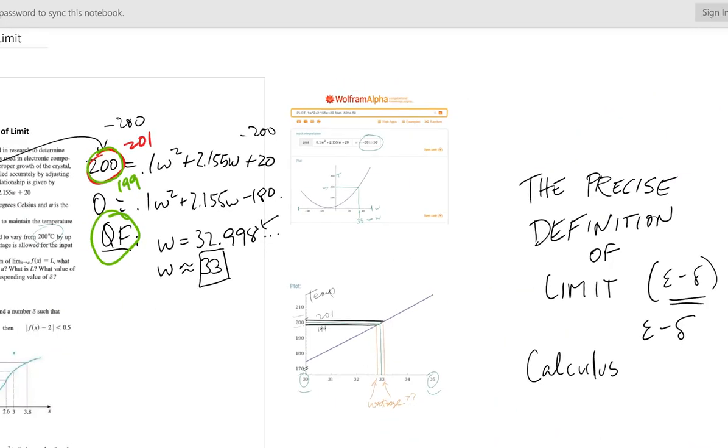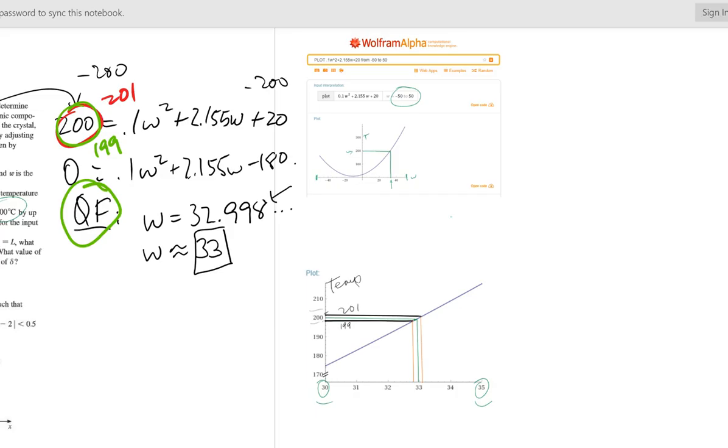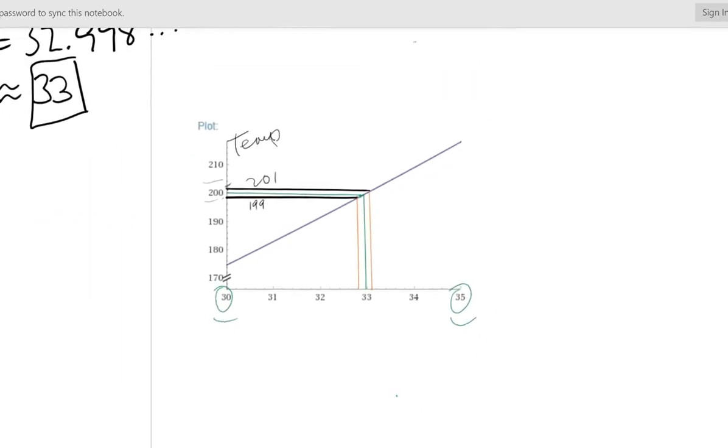And the answers you get are, on the left, W equals 32.884, and on the right, W equals 33.112.